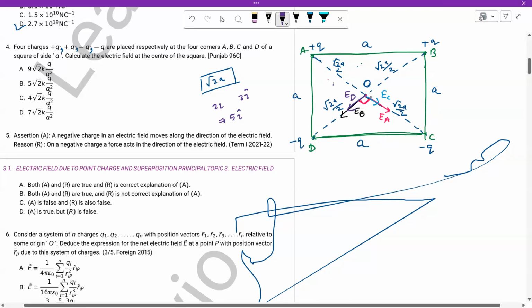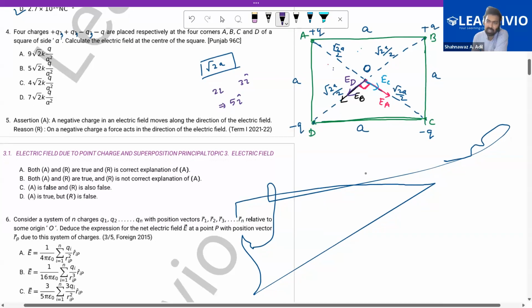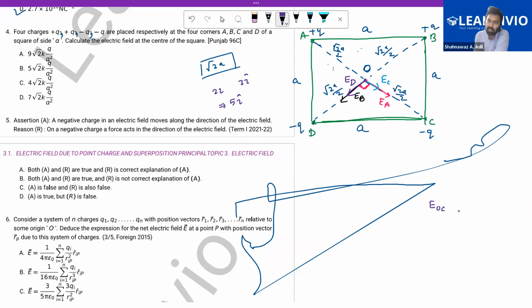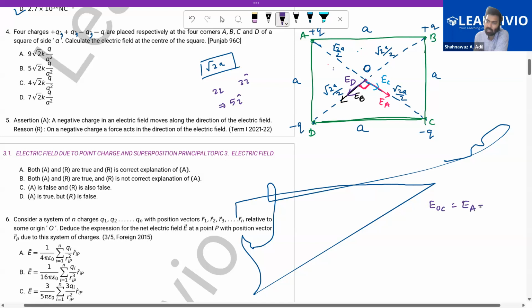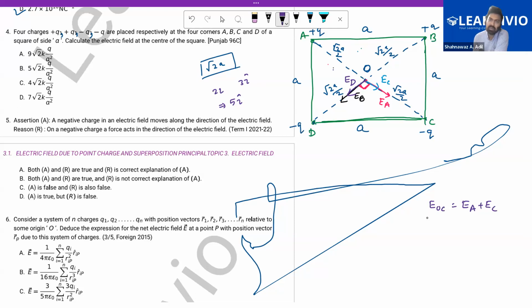Yes. So if I'm calculating E net, first let us only calculate EOC. I'm only writing the magnitude. That magnitude would be simply EA plus EC, right? What can I tell about the magnitudes of EA and EC?